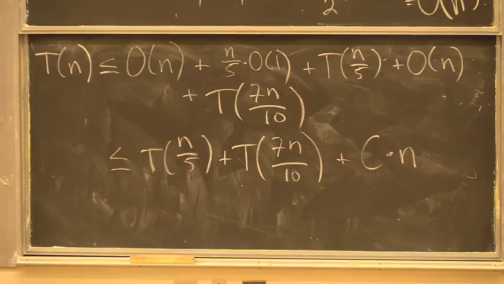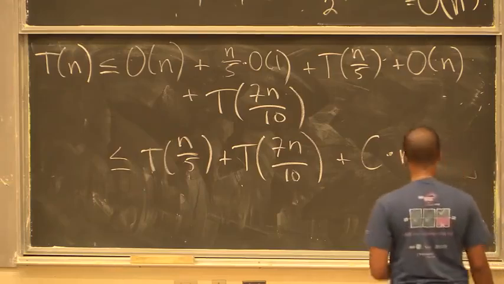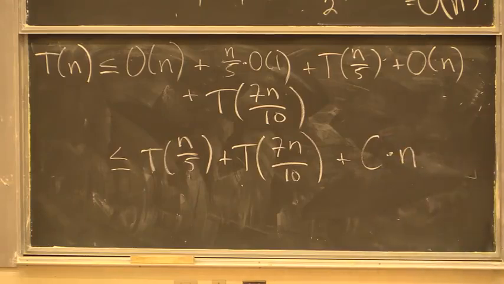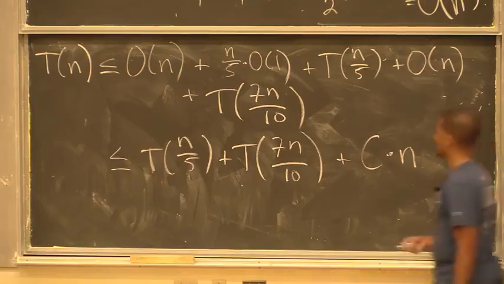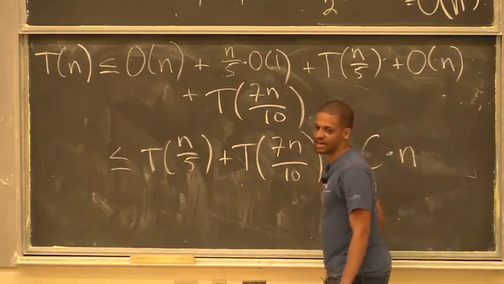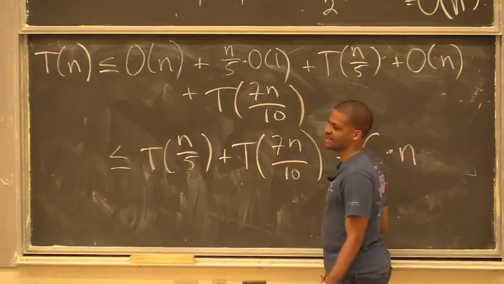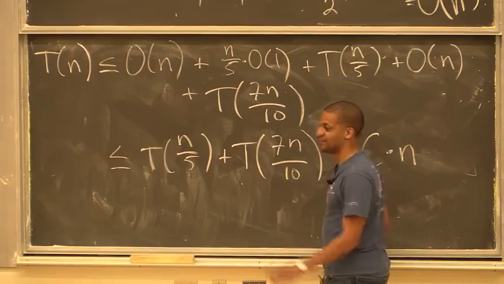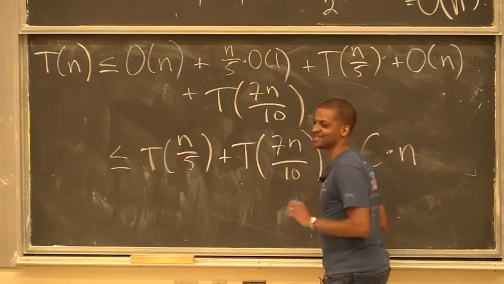But let's try to solve this in an ad hoc way, and the way I'm going to solve it is by using strong induction. This is one of those guess and check methods. I'll just guess that the answer is linear, and then I'll try to prove it by induction. And if it succeeds, then yay, it's linear.